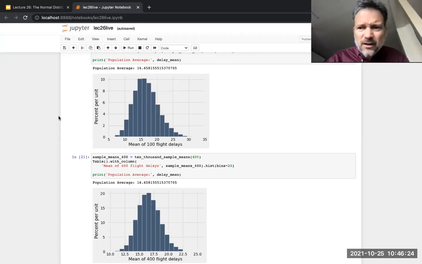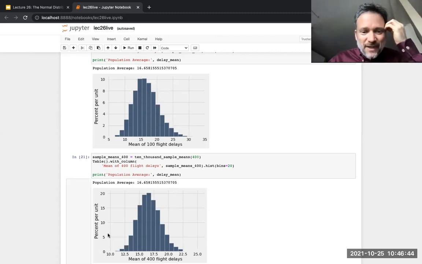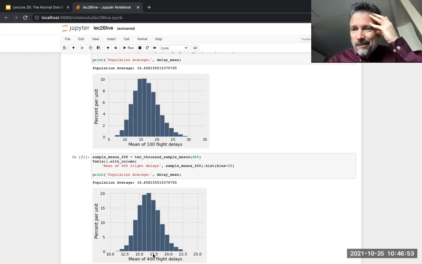What's a way that they look different? The x-axis is different. Yeah. Visually, they look quite similar. But when you look at the x-axis, you can see that the range of values is much narrower for the bottom graph than the top graph.